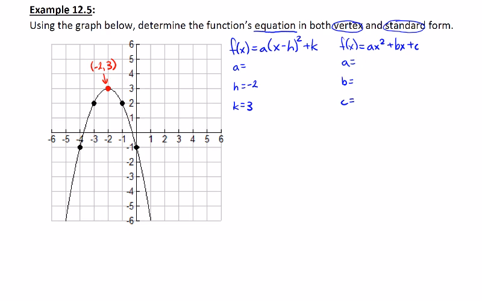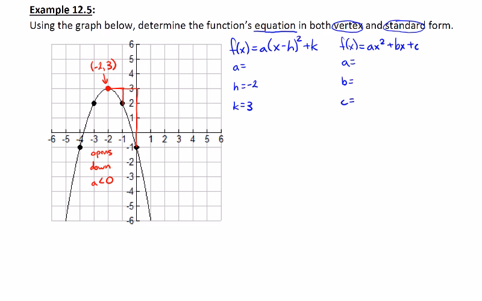So looking at the vertex, I'm going to go over 1, down 1. Go back to the vertex, I would go over 2, down 4, which shows me that there is no stretch or shrink. This is just the standard parent function, but I would certainly say that it opens down and not up. So when it opens down, that means that my a value will have to be less than 0.